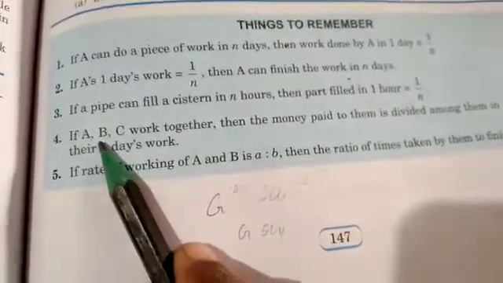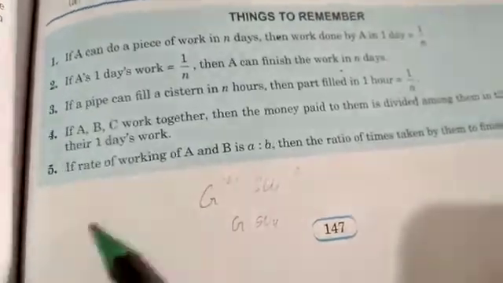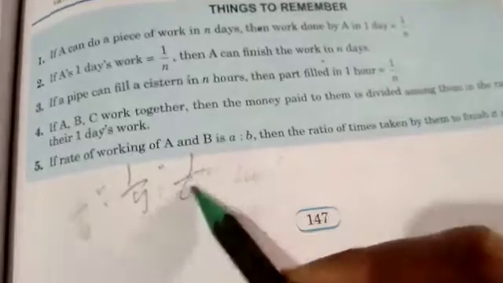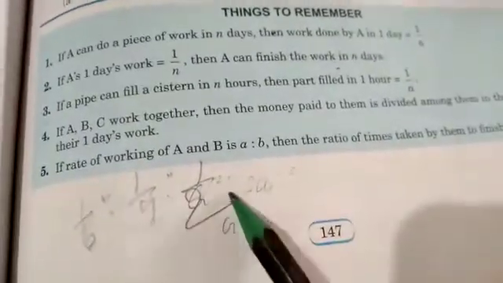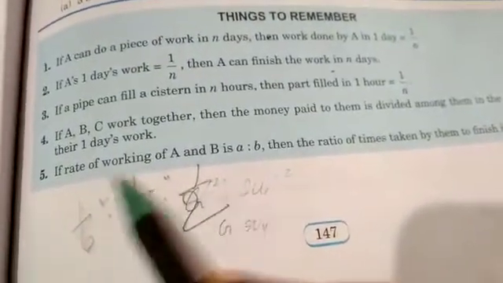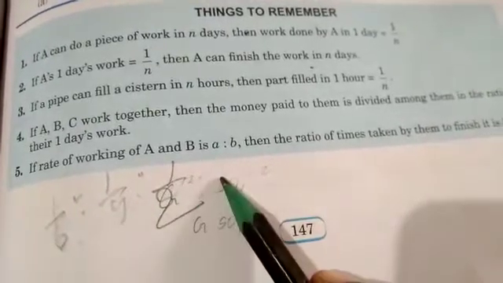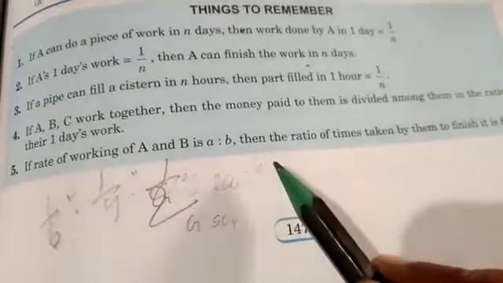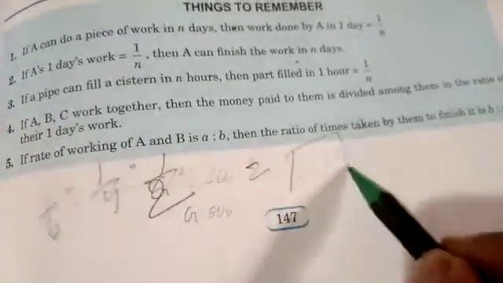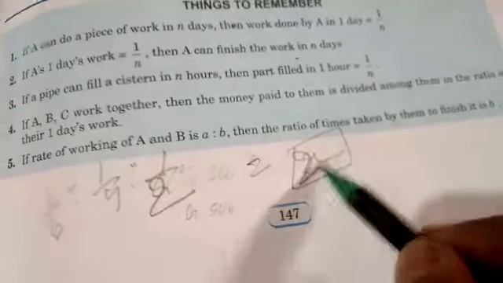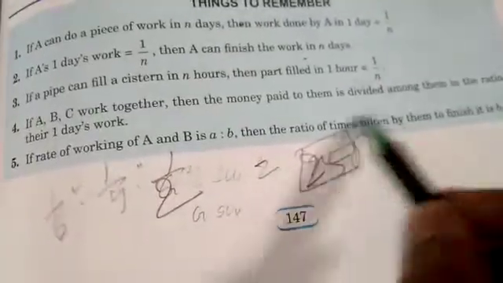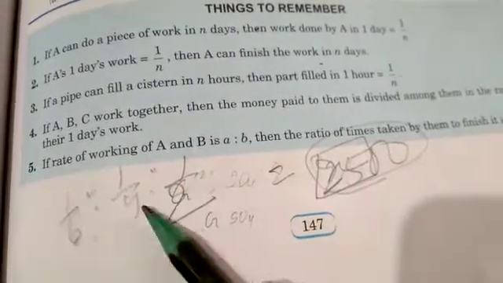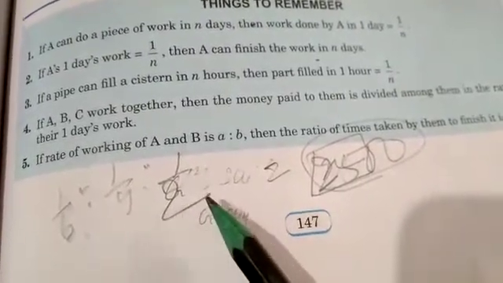So if A, B and C's 1 day work is 1/6 is to 1/4 is to 1/2, then we have to find A's share, B's share and C's share. If the total amount is given, suppose X or 2500 rupees, then you find it by simplifying A's, B's and C's work in terms of ratio.